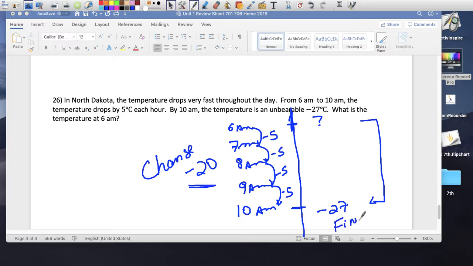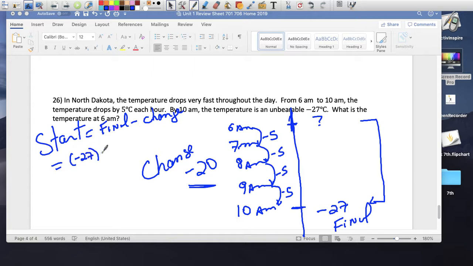Your final is -27. So you're looking for your start, right? So how do we find our start? Our starting temperature is our final minus the change, right? If you follow that, like we did the other day, so the final temperature was -27, I'll put it in parentheses, minus, and the change was -20, right? That's how you would write it.